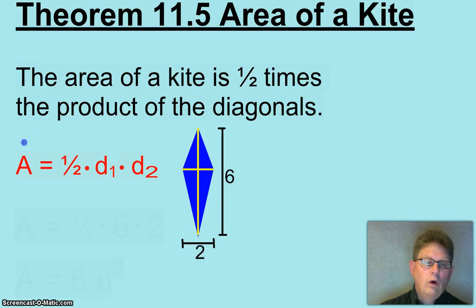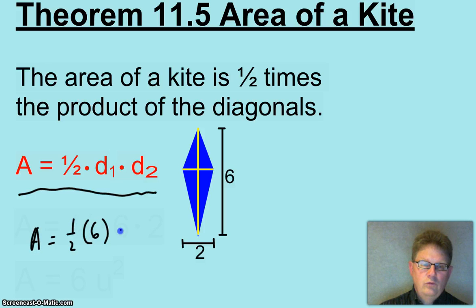This is just one more reason in the growing list why I keep on insisting that a kite is a rhombus wannabe. It has the same area formula. Okay, this time you're told what the diagonals are in length, so the area equals 1/2 times 6 times 2. The area is 6 units squared.